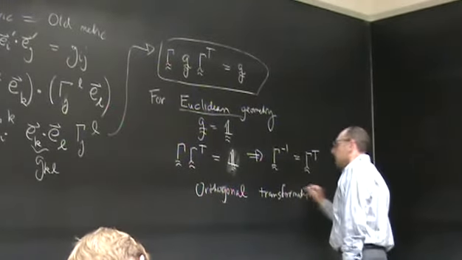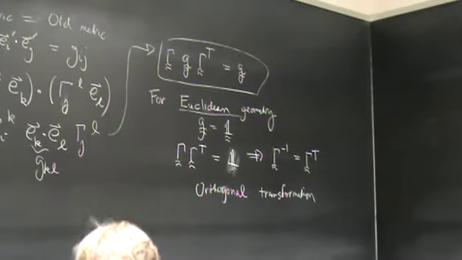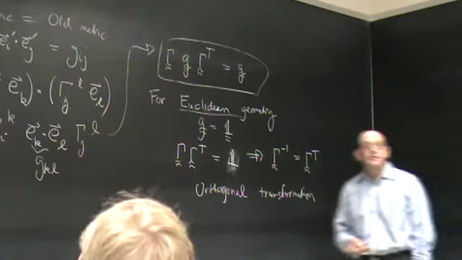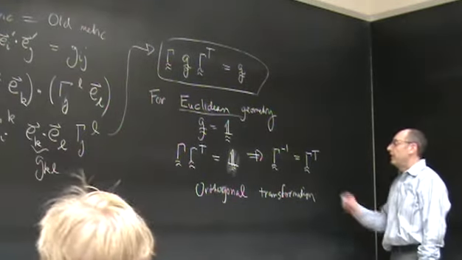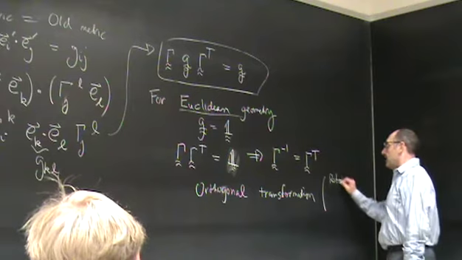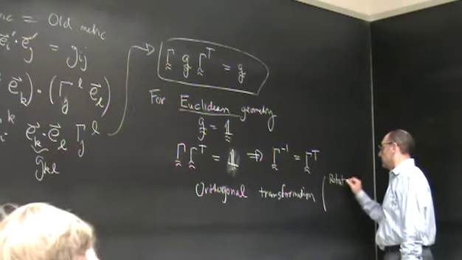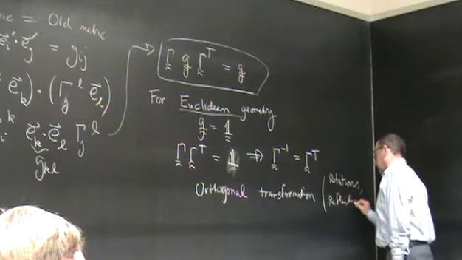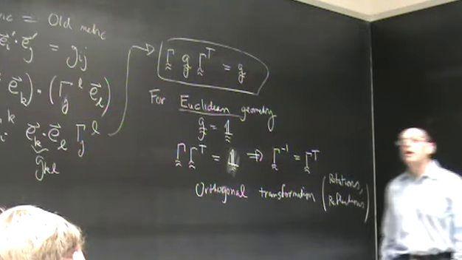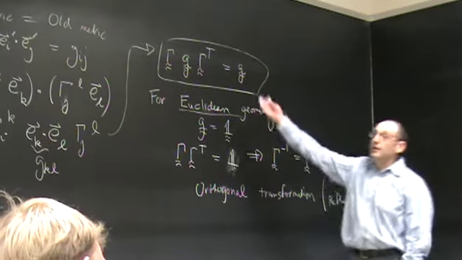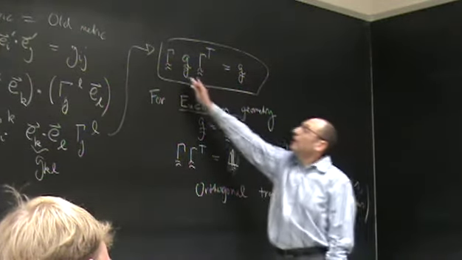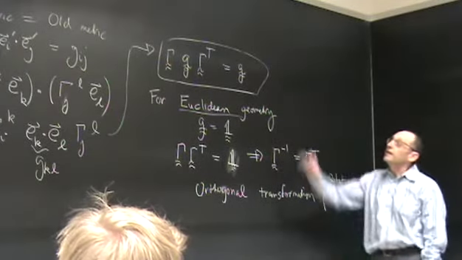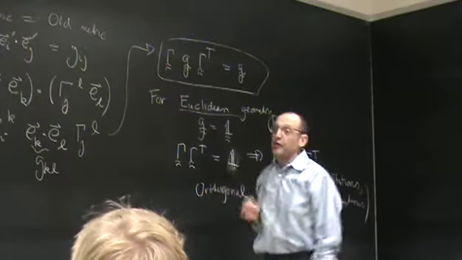So the set of transformations which preserve distance in Euclidean space are the orthogonal transformations, and they are rotations and reflections. But for a more general geometry, we have this condition for the notion of a transformation that preserves distance.